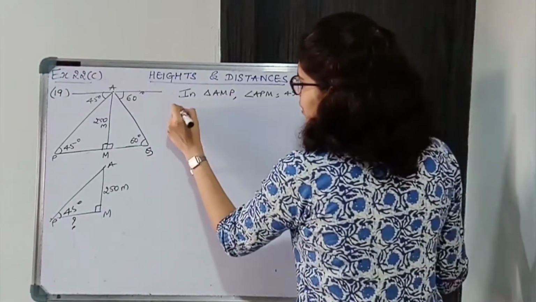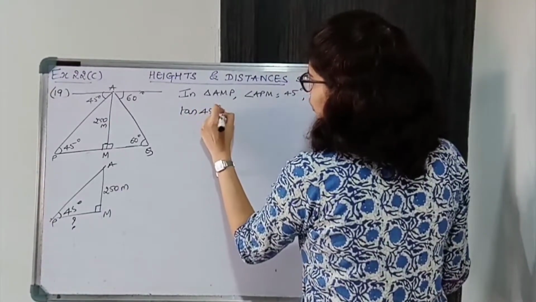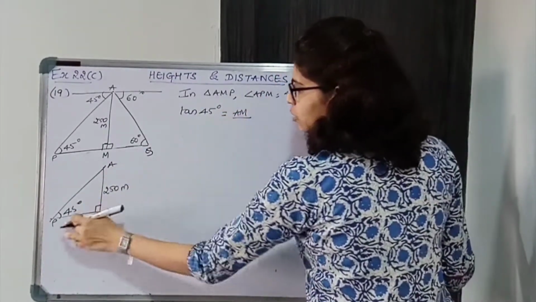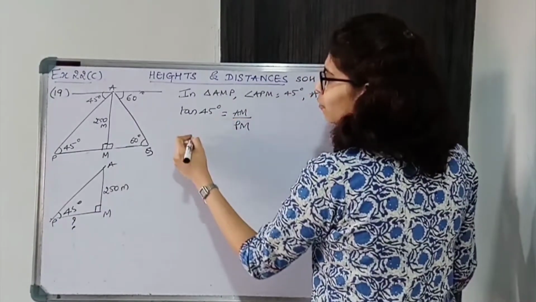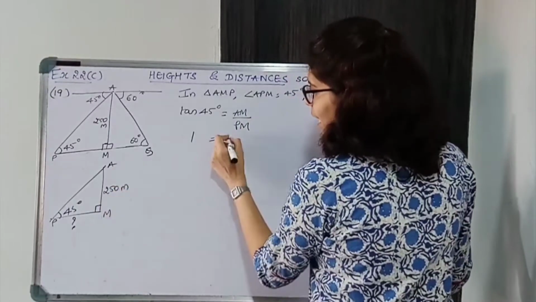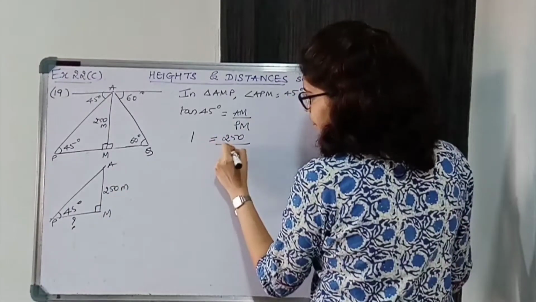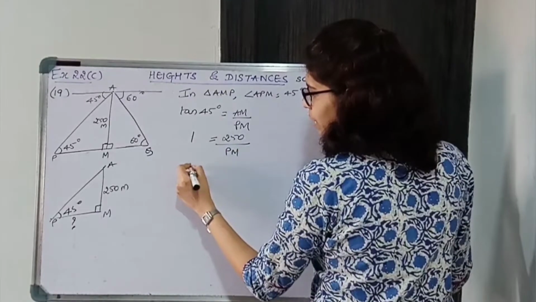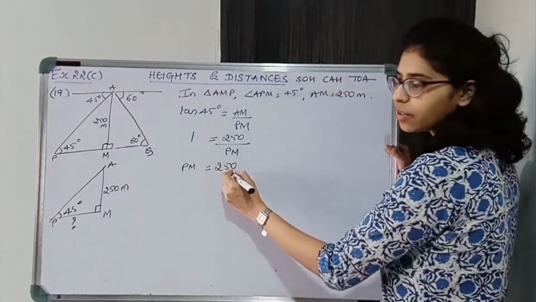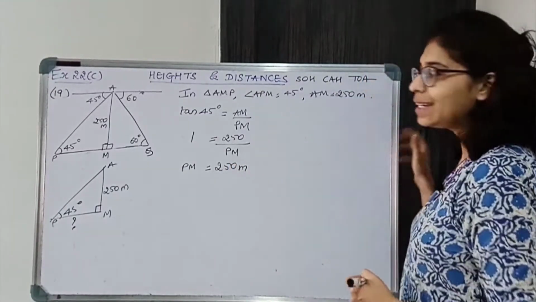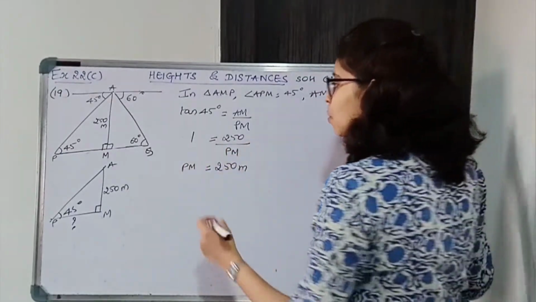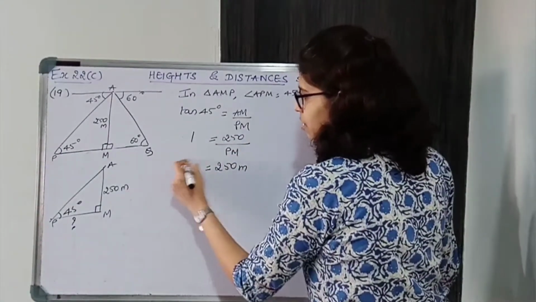Now tan of the angle, that is 45 degrees, is equal to the angle का opposite which is AM upon the angle का adjacent which is PM. Tan 45 is 1, the standard value table which you are supposed to know. AM is 250 upon PM. Shift PM, so PM into 1, PM हो जाएगा, is equal to 250. So 250 what? Meters. Height is given in meters, so all the heights and distances now will be in meters. So PM is 250 meters, we found this.